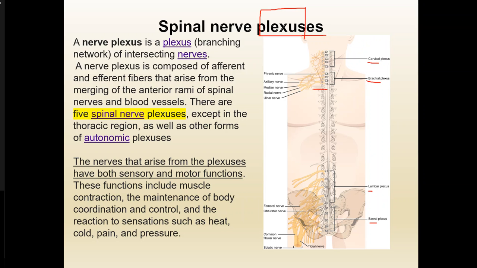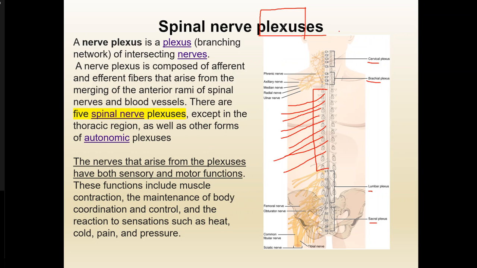And we don't recognize any plexus in the thoracic region. As we will see, in the thoracic region, we have nerves that come out as single nerves. They don't form these intricate, interconnected structures, and they stay as single bundles, very ordered. And remember that the nerves that arise from the plexuses have both sensory and motor functions.